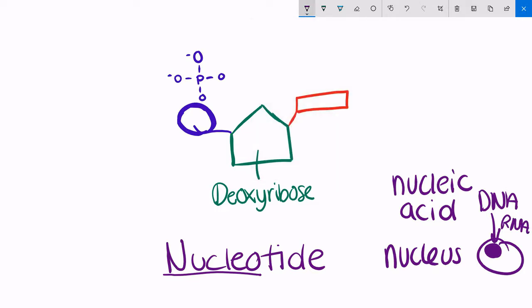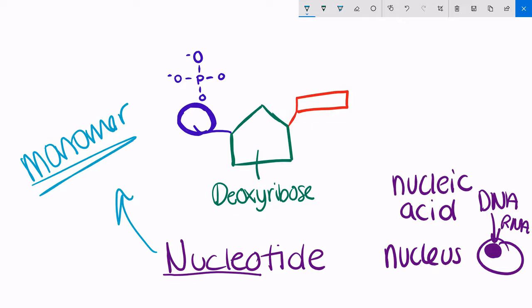This structure is what we call a monomer of nucleic acids, and DNA is actually a nucleic acid. DNA and RNA are the nucleic acids. So if nucleotides are the monomers, that makes the nucleic acids the polymers.